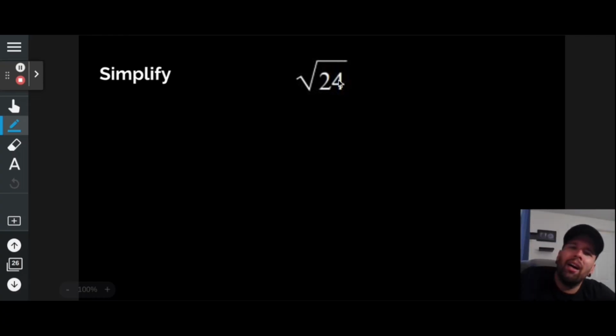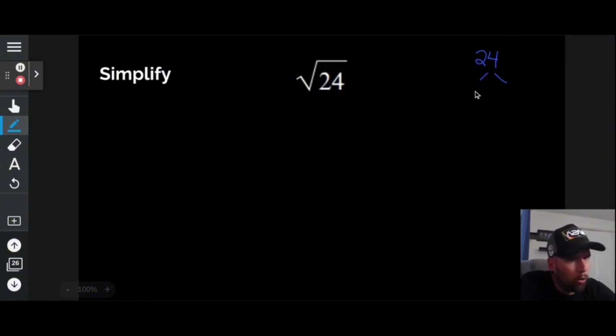Kinda. Square root, let's simplify it. Well, the long way of simplifying a square root, and by the way, I call this the Nick Parrish method of simplifying square roots. You might have done this differently with a different teacher, but my method is the best. If you need to go off to the side and make yourself a factor tree, this is not a matter of plugging it into our calculator and getting 4.9-ish. No. You make a factor tree and you find the prime factorization.